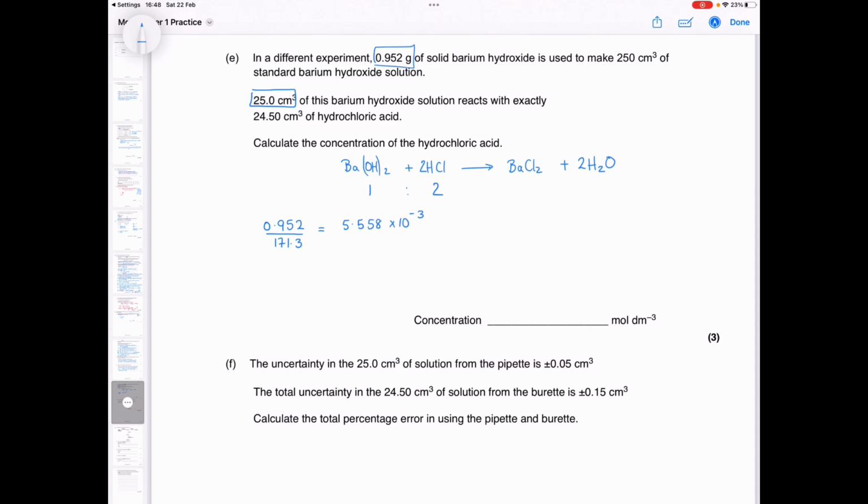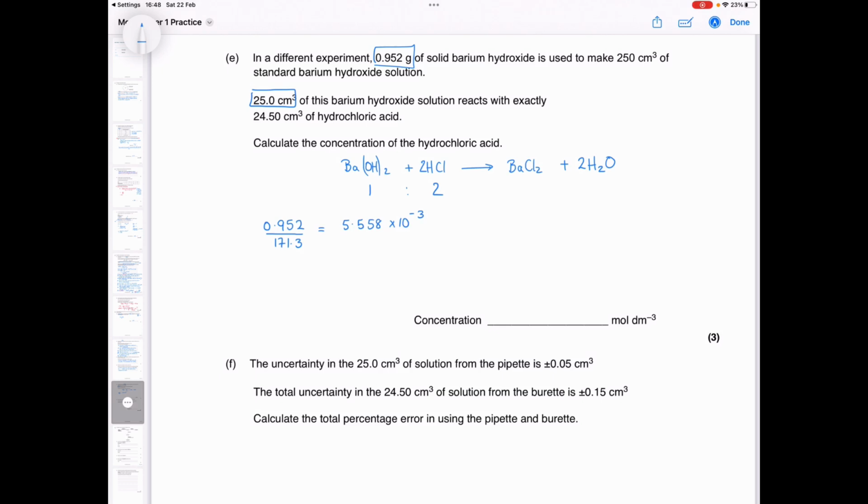What we've then done is we've made that up to 250, and we've taken 25 centimetres cubed of that portion. So the number of moles of barium hydroxide in 25 centimetres cubed is 10 times less than that.